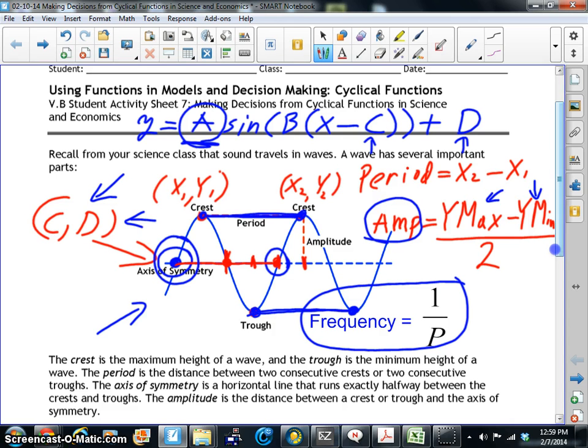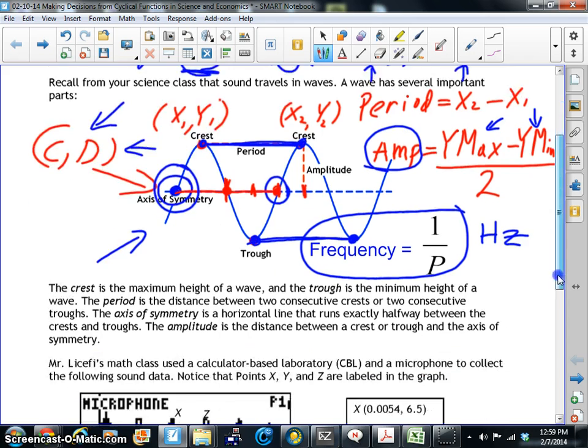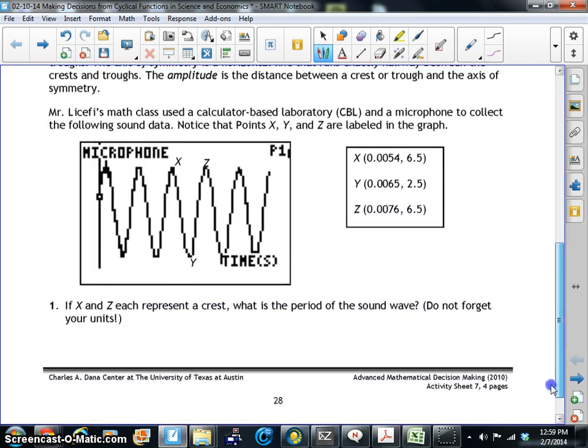So if we wanted to get the frequency, we can get that, and that's always written in Hertz. And that's a very good thing to understand. Alright, so we got all this. The only number that we have missing here is our B, which is phase shift, but we'll talk about that in a few seconds.